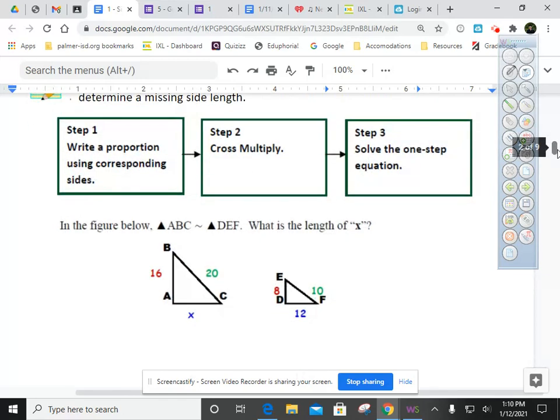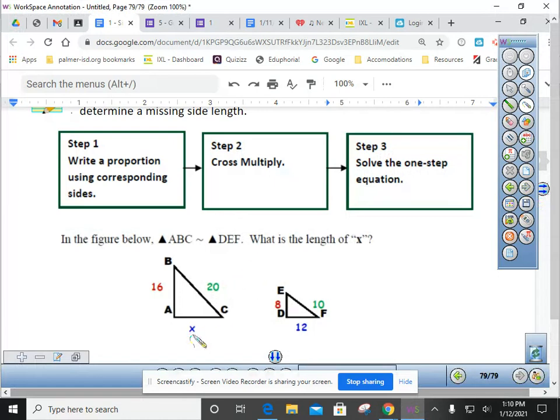So this is when you have a little choice to make here. We're looking for X. So what is X's corresponding side? 12. Now you can use whichever other ones you want. Which ones do you want to use? Do you want to use the 10 and 20? I like to box them in, the ones that go together.